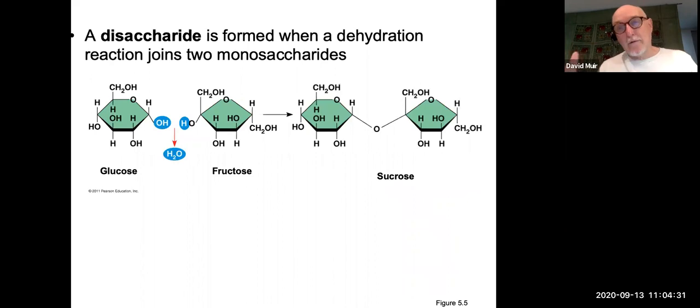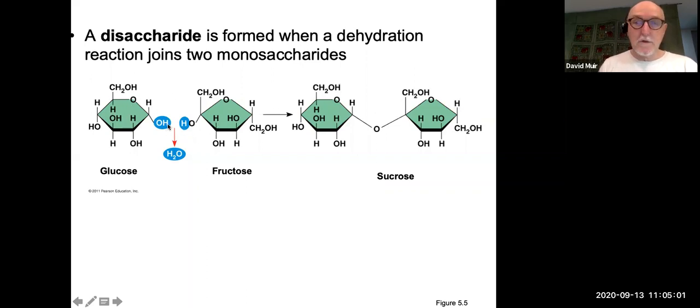So again, a disaccharide is our shortest polymer using carbohydrates, made from 2 monosaccharides. Here we're going to see one. Here's glucose there. This is fructose, and it's a very, very similar molecule. It has an extra carbon on it. This is the monomer. Here's the other monomer, glucose, fructose.